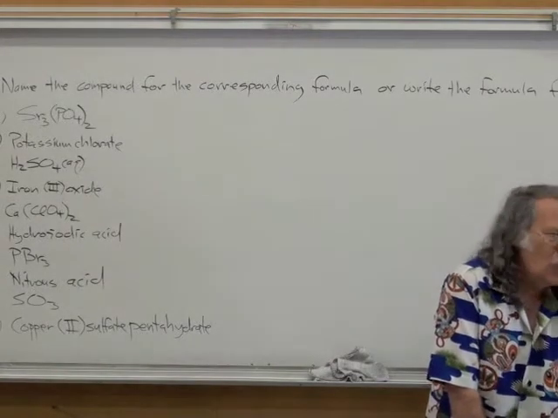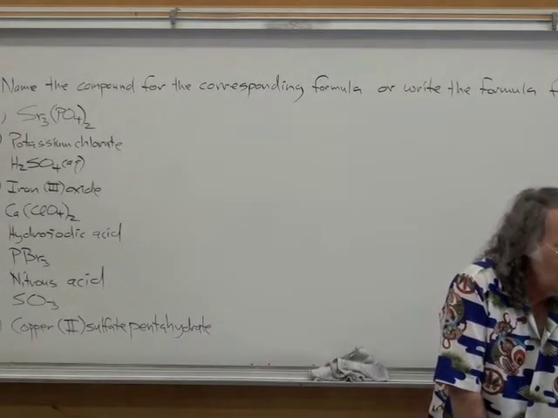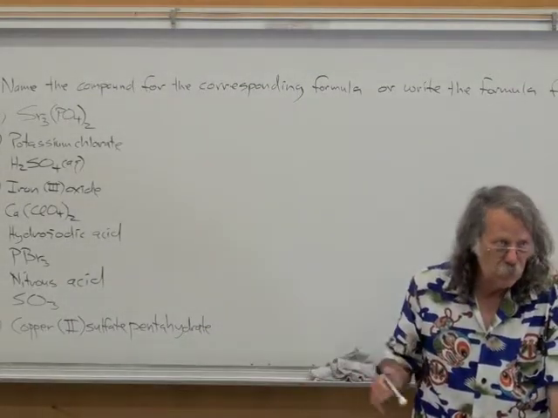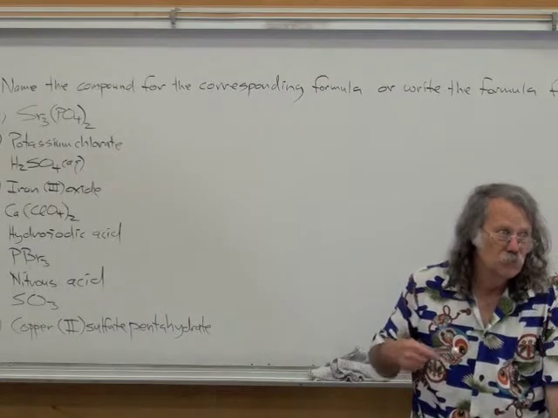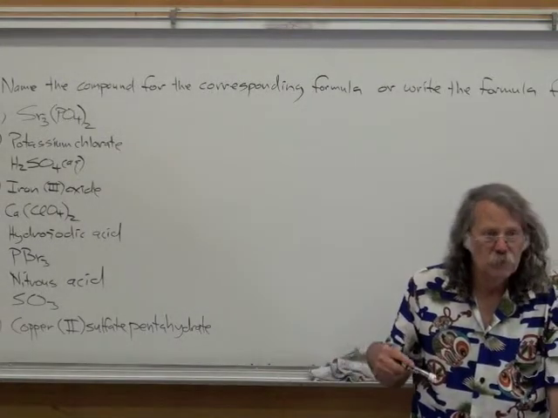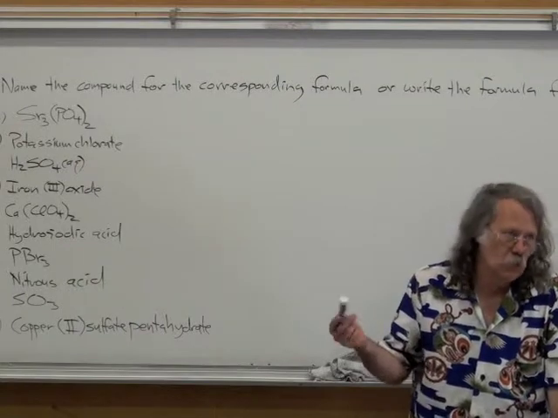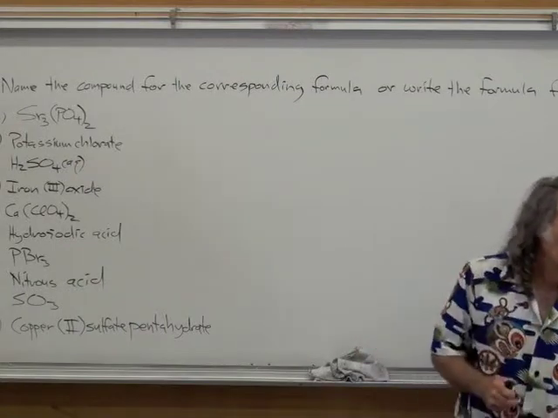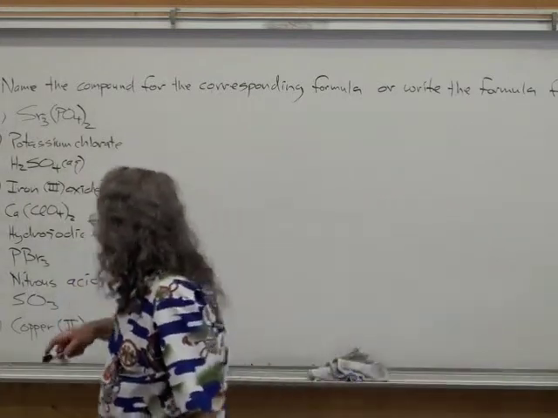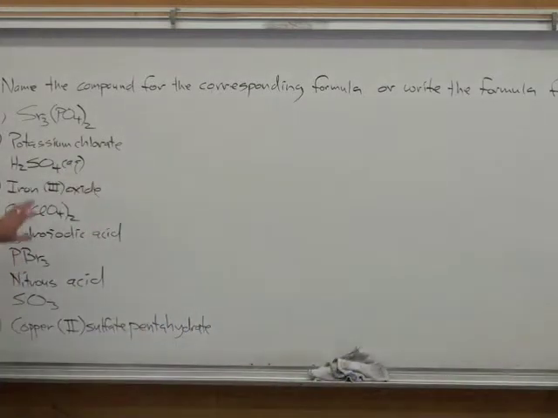And the cation is always going to be the metal, right? This is a theme that's going to carry over when we start dealing with molecular compounds, which are composed of non-metals only. In molecular compounds, we take the most metallic of those, and it goes first.